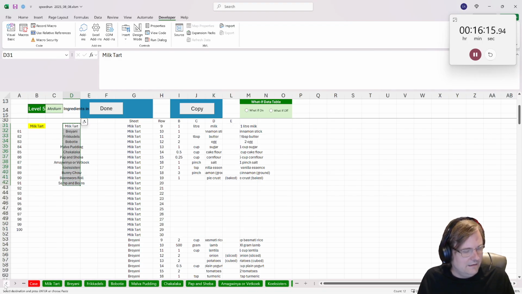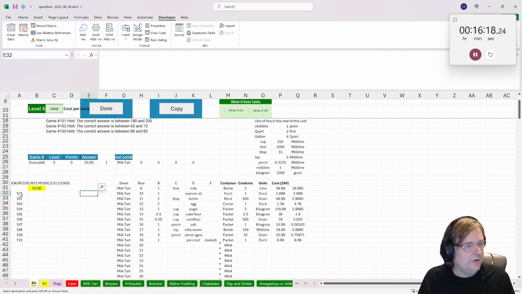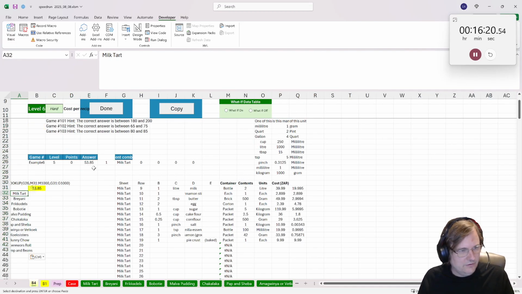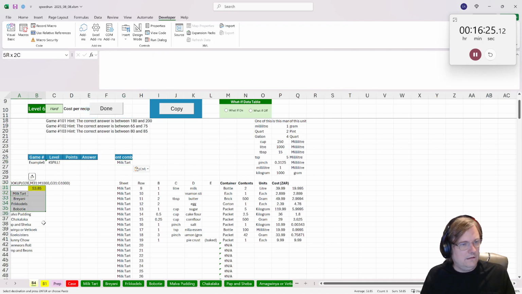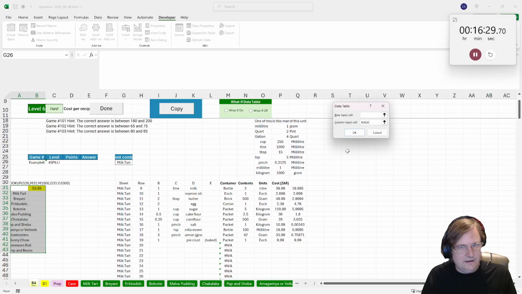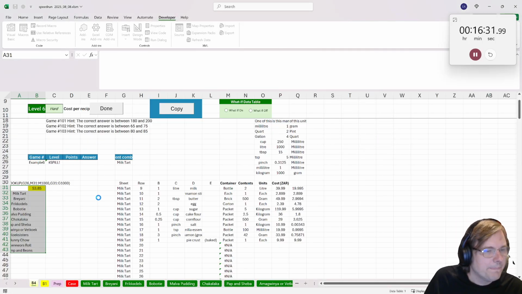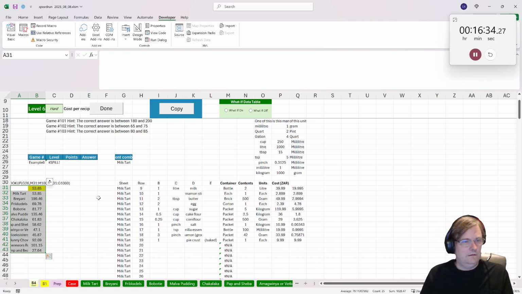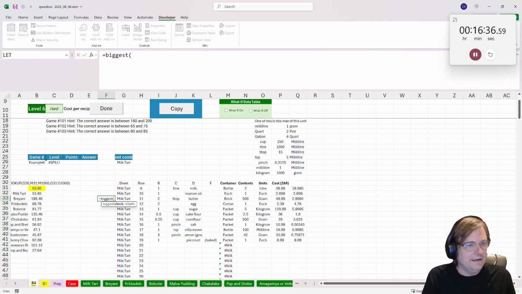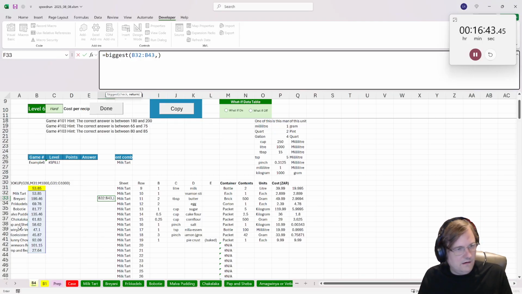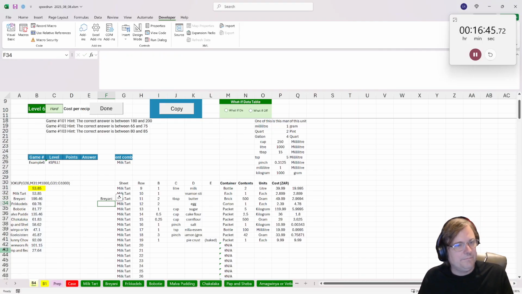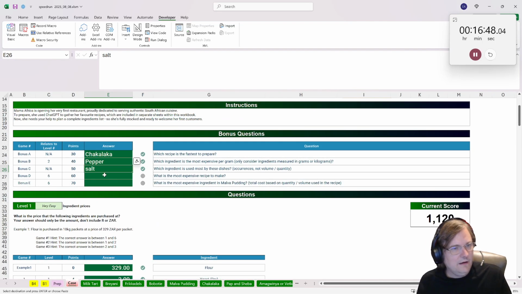So take that into my bonus 4. I'm going to use that in the what-if table. And now I do a what-if table where the column input cell is this. And biggest of this on this is that one.